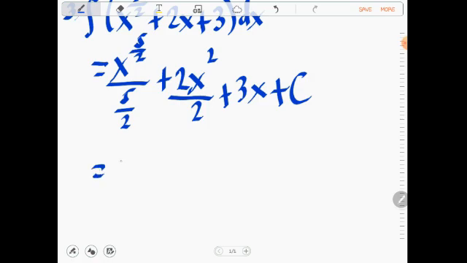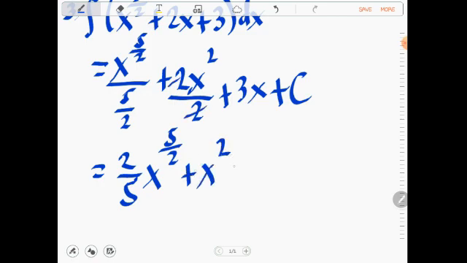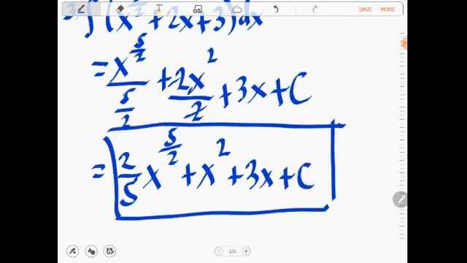So, this is equals to 2 over 5 or 2/5 x raised to 5 over 2 plus, cancelled na yung 2. So, this would be x squared plus 3x plus the arbitrary constant na c. Okay? So, yan yung sagot sa ating number 3.